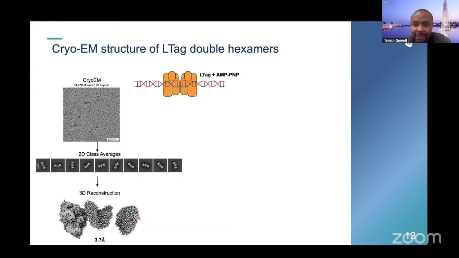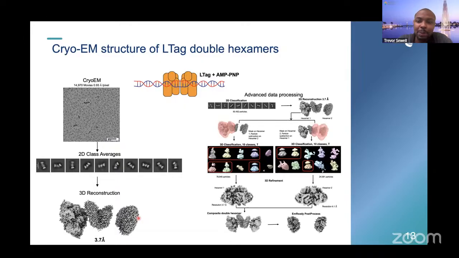So I tried to process the data very deeply by splitting the density using signal subtraction. So I split the density of one half of the origin and then classified and recovered the density. And also for the second half, I did the same.